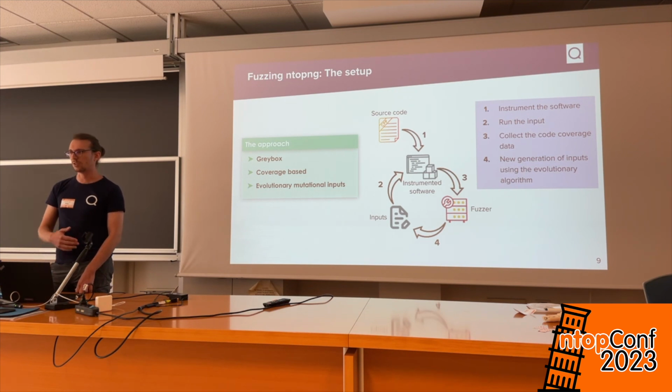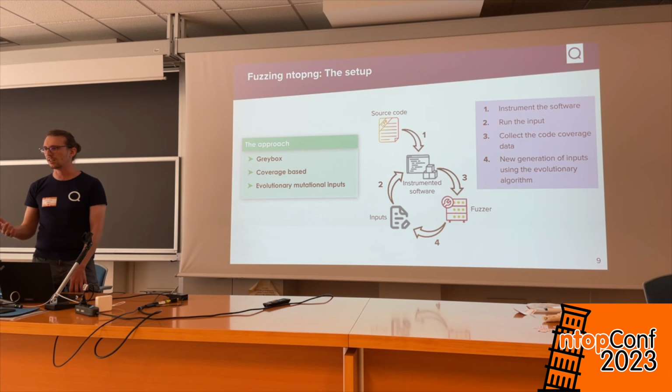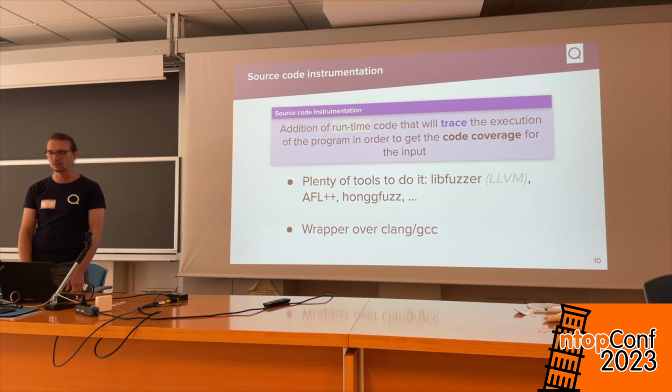So when we submit an input to ntopng, in this case we will see what the input will mean, but in any case, when we send some kind of input, we know at runtime what is the code that is being executed, and we use that code coverage as a fitness function for generating new inputs in an evolutionary algorithm fashion. Just a word on source code instrumentation.